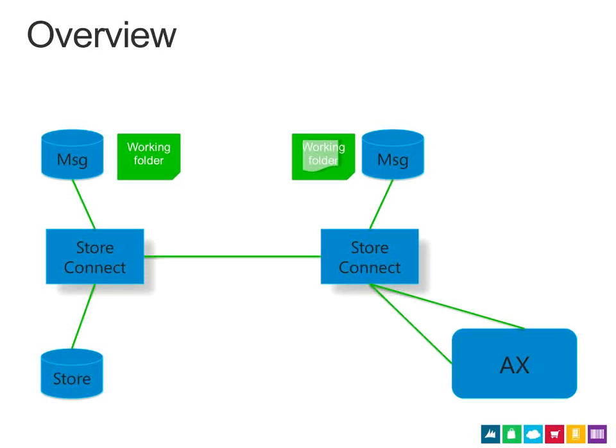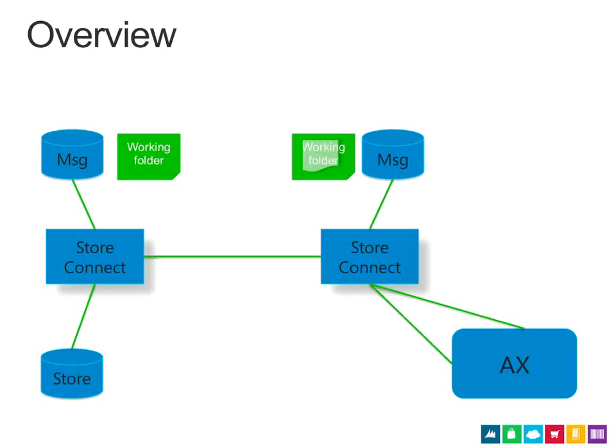There are two things to a Store Connect. One is the message database that it's using, where it keeps status about the actual transfer of the data. And then there's a working folder. In this working folder, we first store the request. Think of it as a pseudo query of all the data that needs to be transferred at this time.